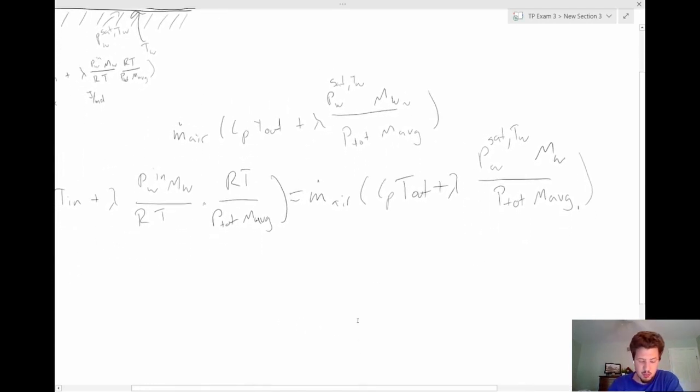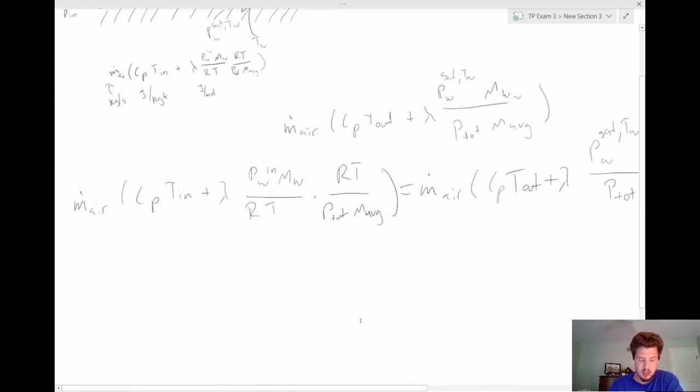Now, if we simplify this problem, we'll actually realize that this equation is a Lewis relation.